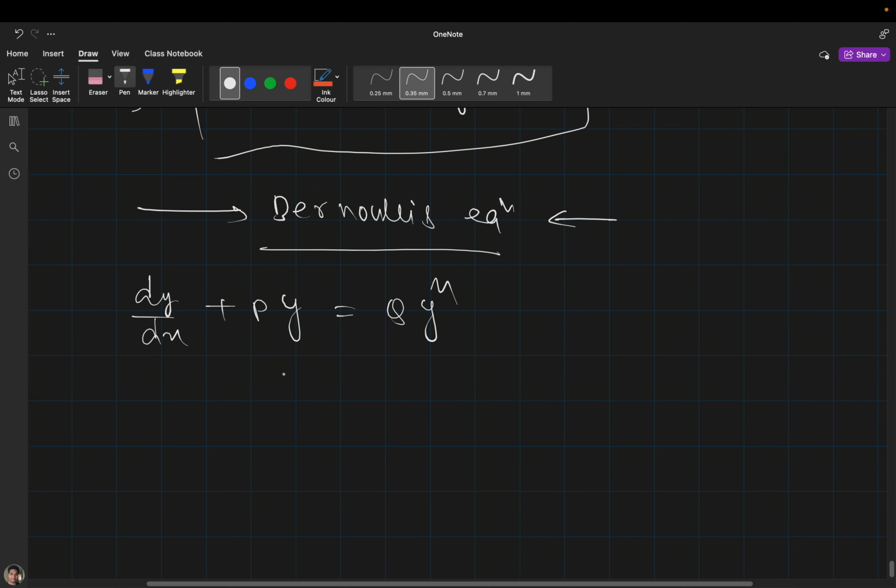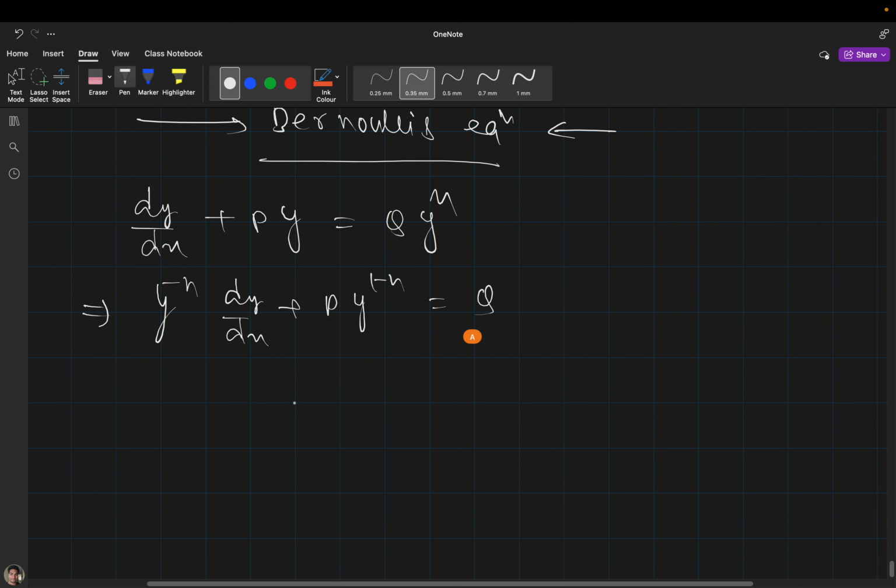If this is the form, then we can say that this is a Bernoulli's equation. So to solve this, what will I do? I will divide both sides by y^n. So you will get y^(−n) dy/dx + P y^(1−n) = Q.